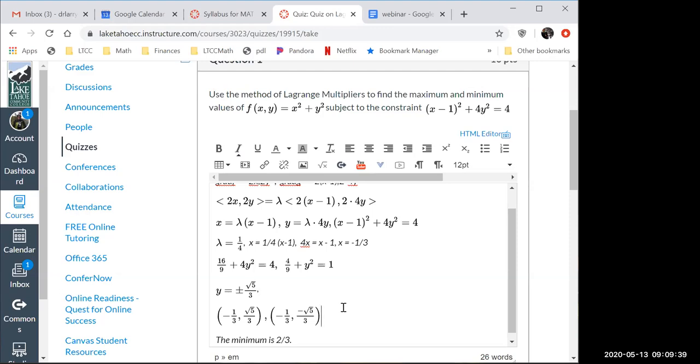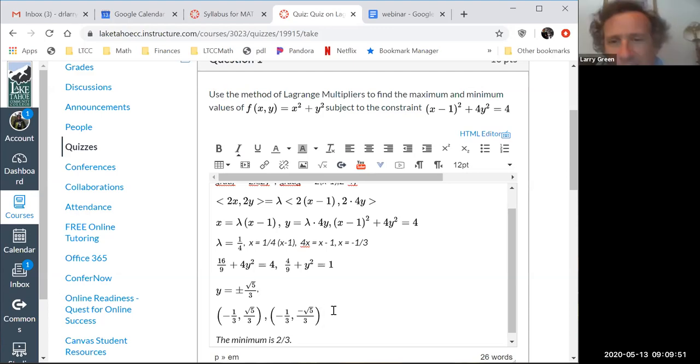Yeah, so I totally forgot to check to see if any other generic point satisfies the constraint. So I labeled the 6/9 as a max instead of a minimum. I probably wouldn't take off points because I didn't say, technically, whether it is a max or min. Had I done that, then I could take off points.